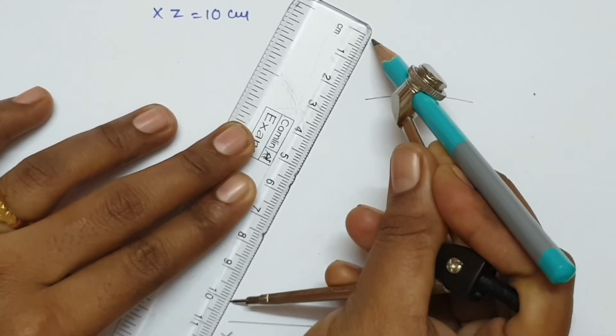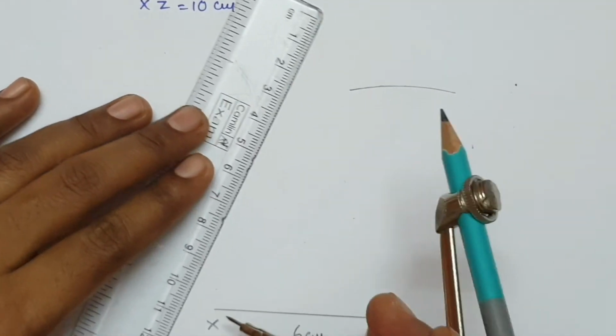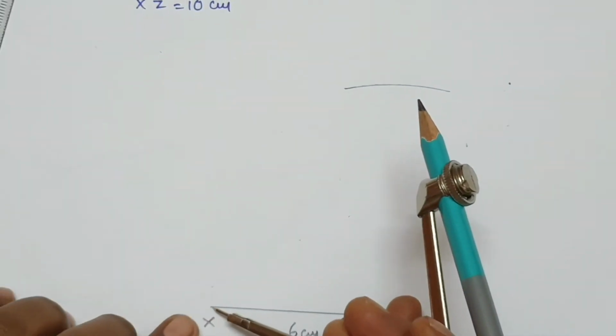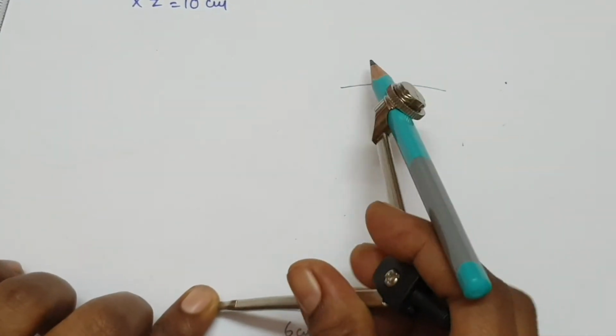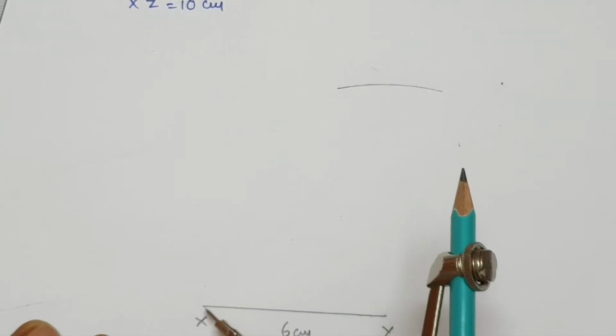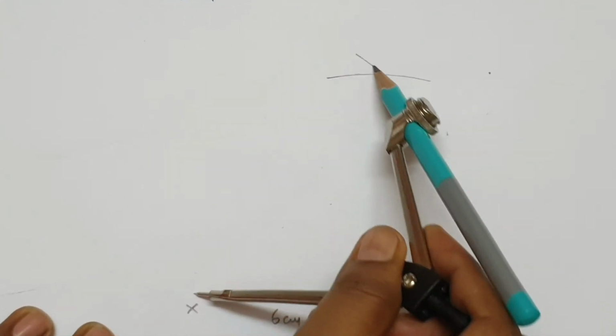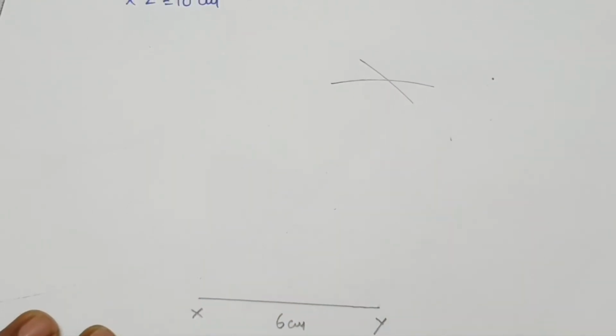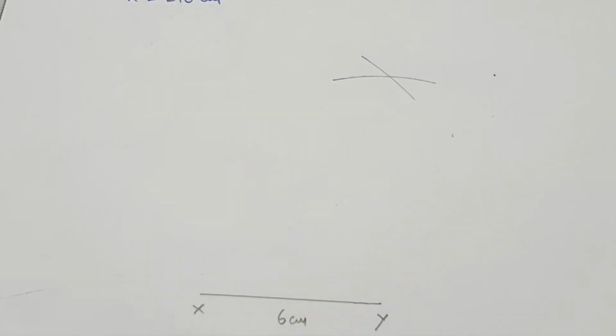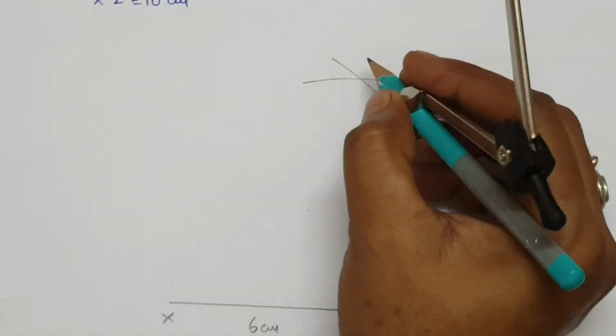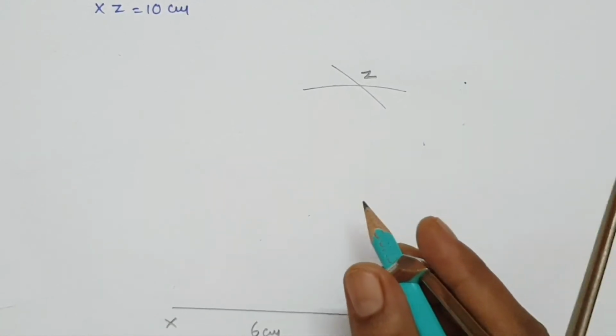So this is exactly 10 centimeters. With X as center, draw another arc. That intersection point is Z.